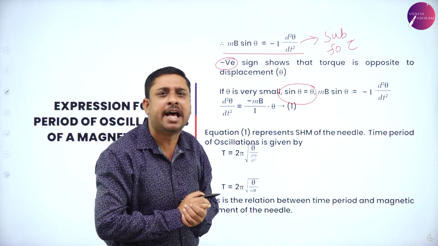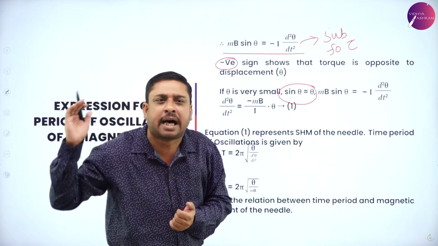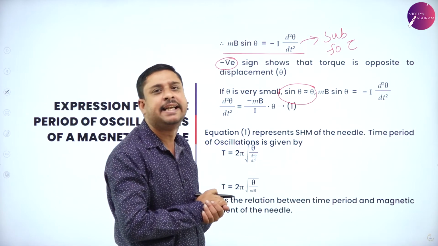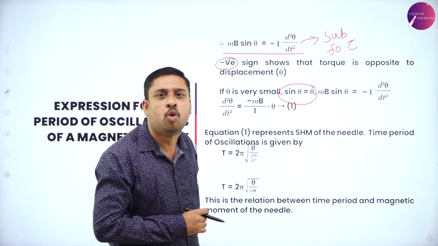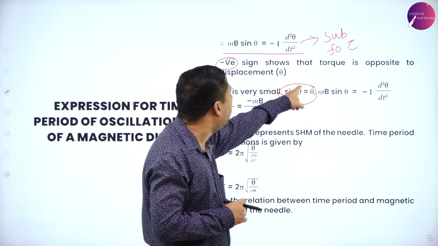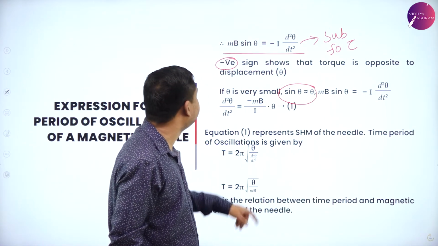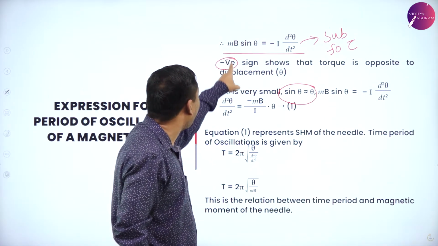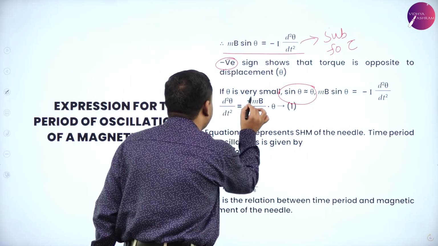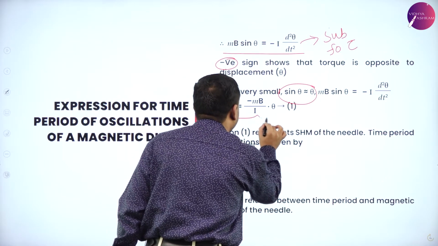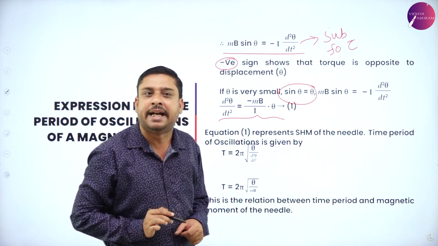For small values, sin theta and tan theta become approximately theta, and cos theta takes up the value 1. So sin theta approximately becomes theta, which means, on simplifying, d square theta by dt square is minus mB divided by I theta.